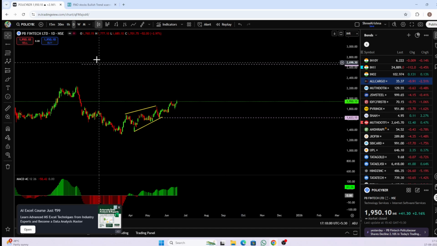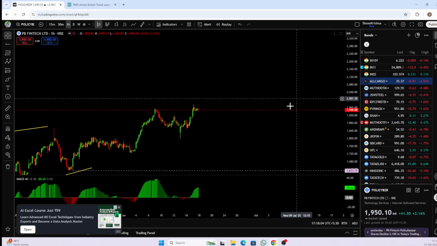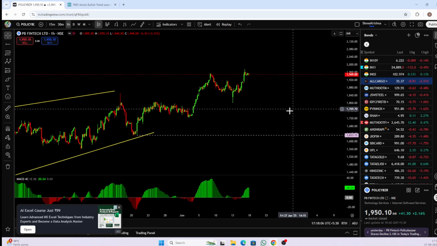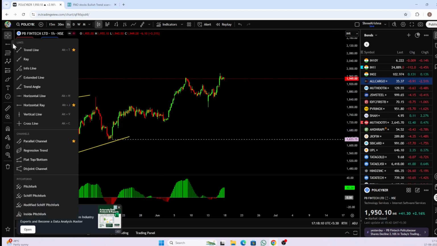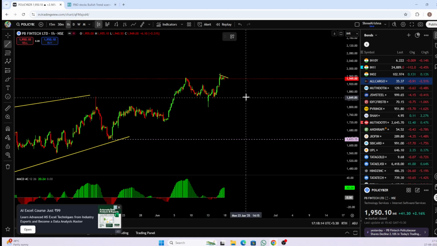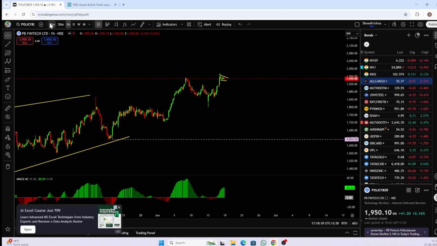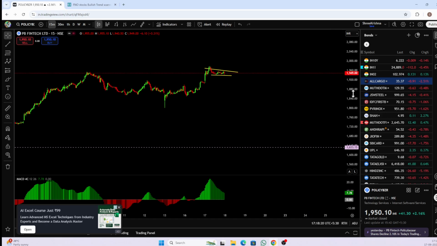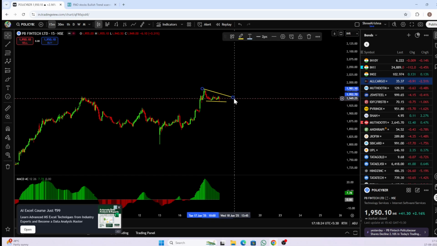If it drops on 1 hour, let's see. On 1 hour, it is going up again. It has already completed 1, 2, 3, 4, and on 1 hour it is showing a flag here. This flag is indicating that it is going to make a new high in the current trend.